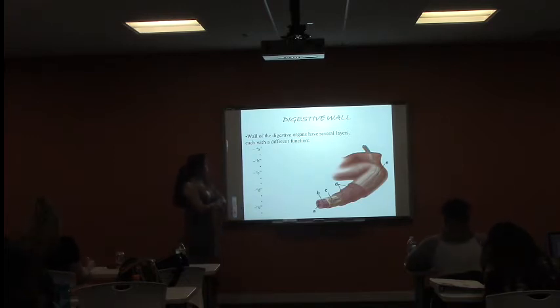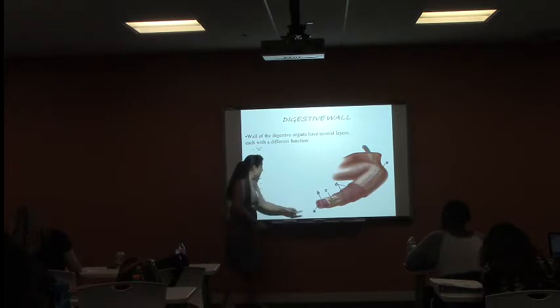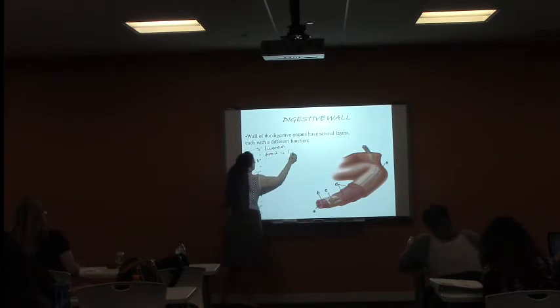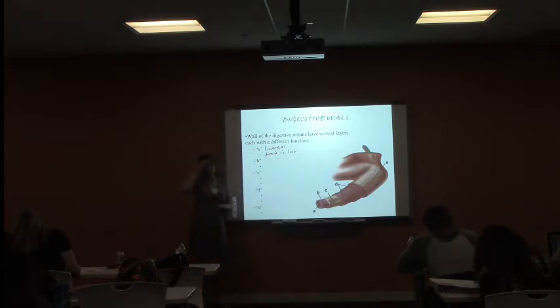Now, when we talk about the wall of the main digestive organs, okay? Esophagus, stomach, large intestine. When you look histologically, they have 4 different layers. A is a lumen. This is where the food is found.